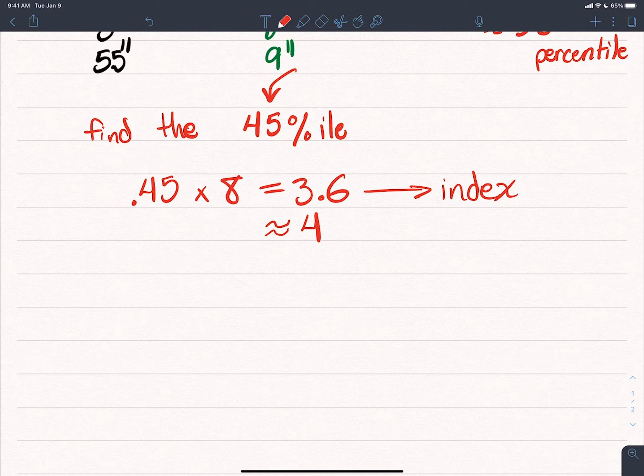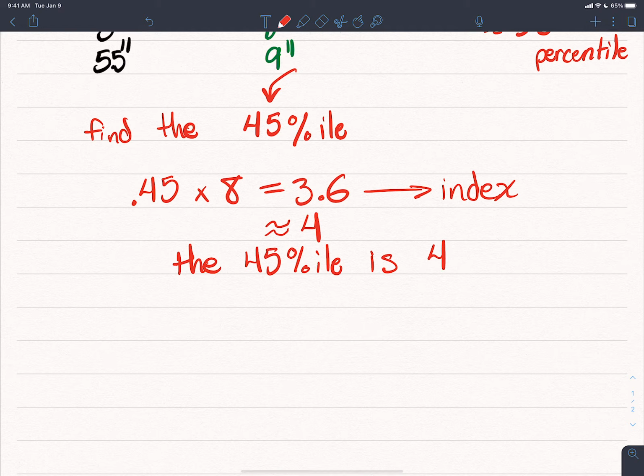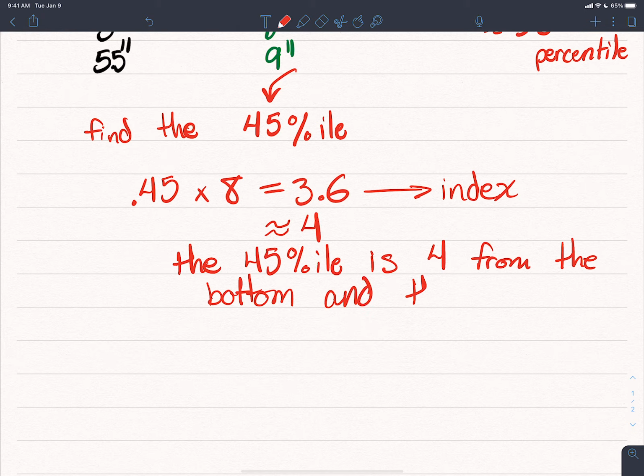So we got the 45th percentile is 4. It's 4 from the bottom. And the value of that percentile is 6.5 inches.